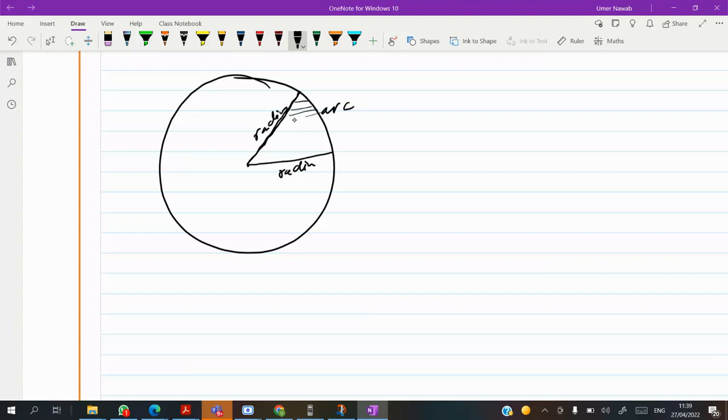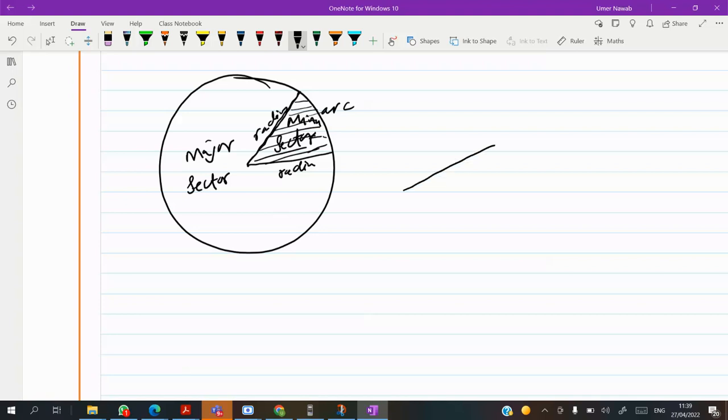So the area bounded by the two radii of the same circle and the arc is called a sector. So this is called a sector, and this is also a sector. This is a major sector, and this is the minor sector. So minor sector plus major sector is a complete circle.